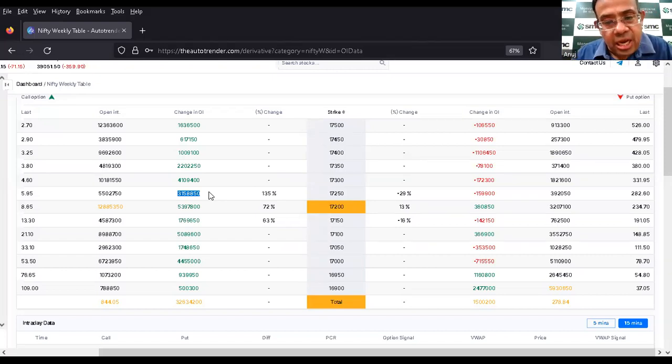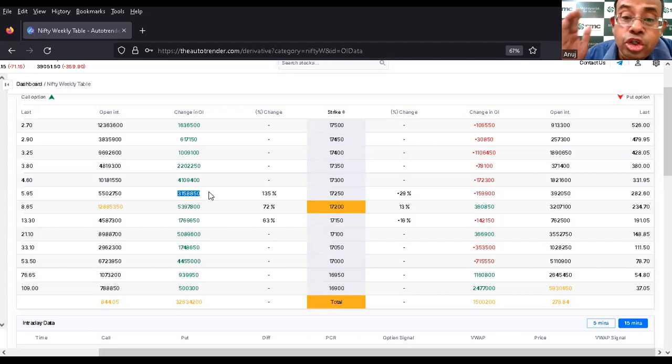It is known as a seller's market, or a contrarian analysis, just because whatever open interest you are seeing on the call side or on the put side is from the perspective of a seller. And why is it from the perspective of the seller? Because in option trading, I repeat, in option trading, only the seller takes the risk. Buyer is nowhere taking any risk.